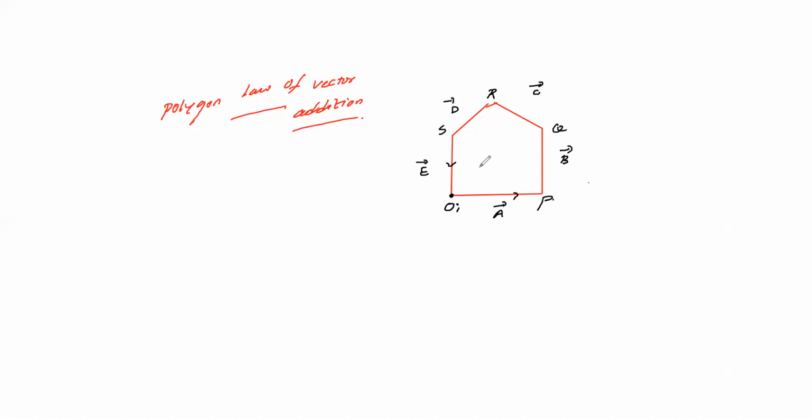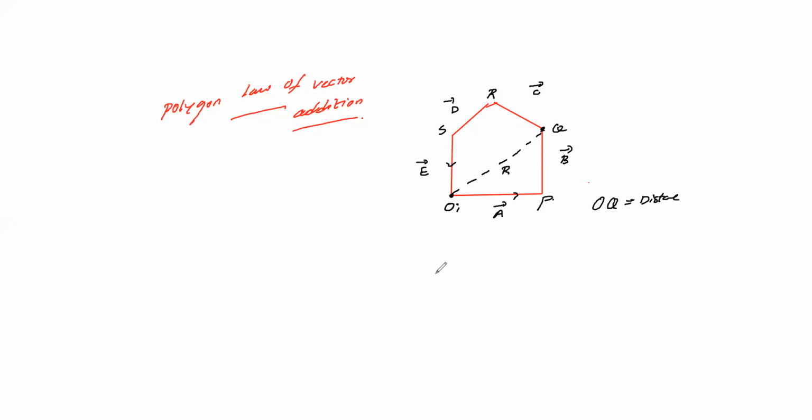Let's see from the triangle. I need to travel from O point to Q point. This O to Q is nothing but your distance. To find the resultant, the shortest path displacement, I'm taking a resultant line here.